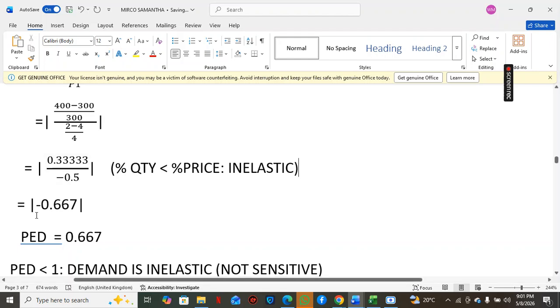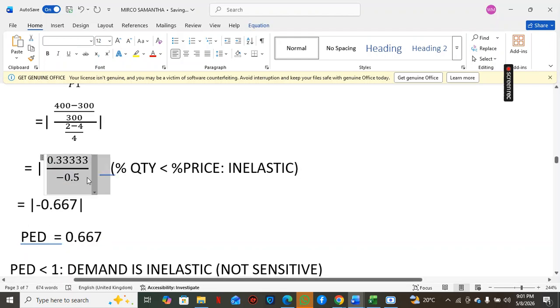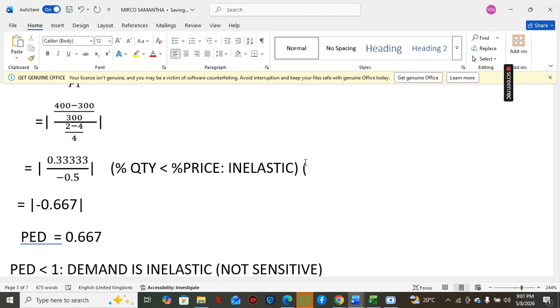Even before you calculate your final value here, you just say, oh, the percent change in price is bigger than the percent change in quantity. So you just know I'm dealing with inelastic demand. Okay, and if percent change in quantity is greater than percent change in price, then it means demand is elastic, it's sensitive. Any questions, colleagues?